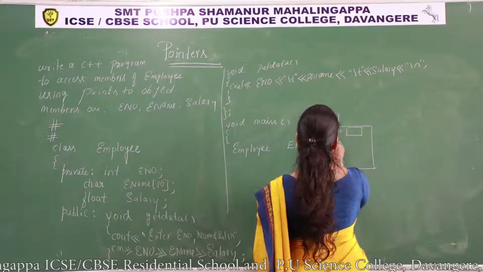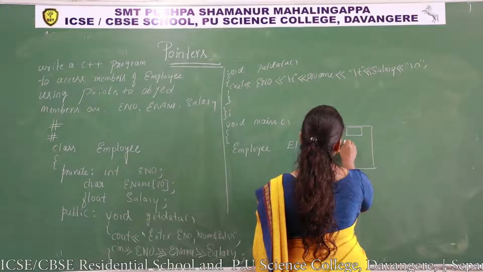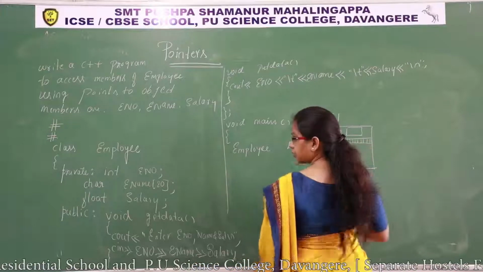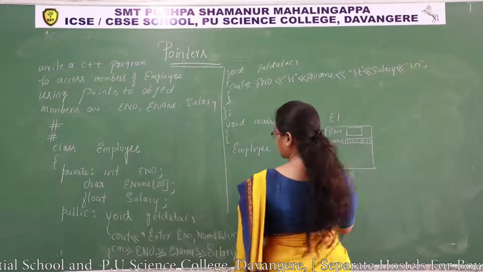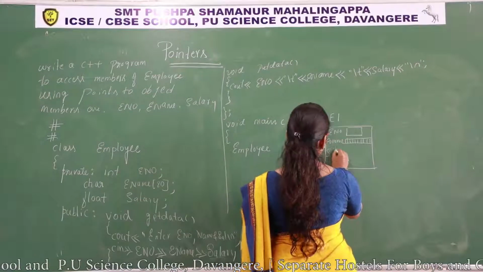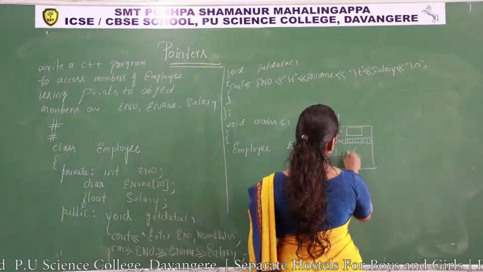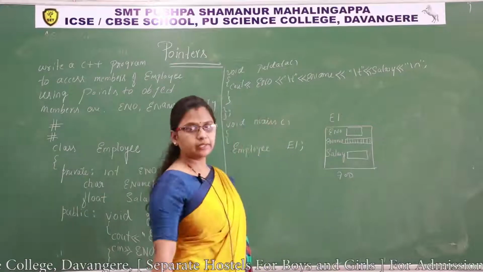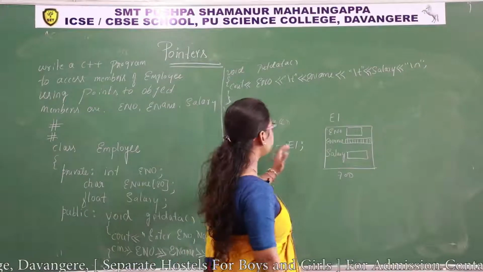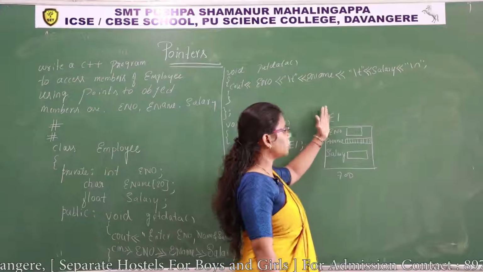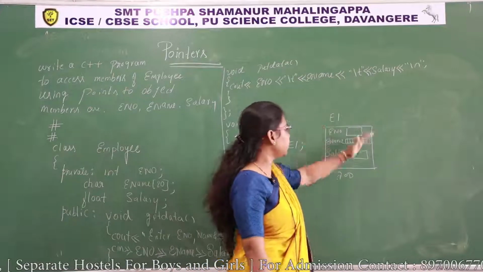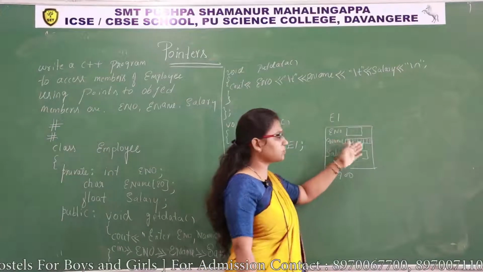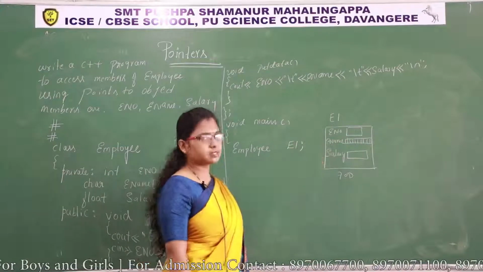Then employee name, that is 20 bytes of memory, a character array. Then float salary, a floating type, so it takes 4 bytes of memory. So in this way, the data members are related to this object. The size of the object depends on the sum of the sizes of its data members.